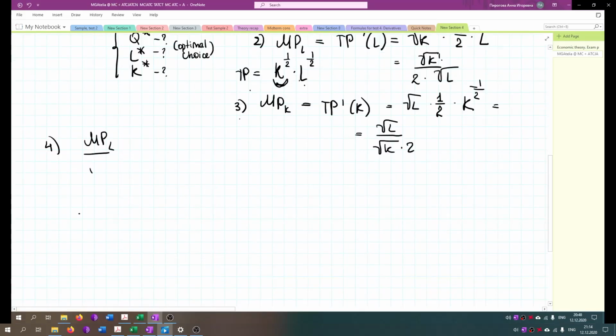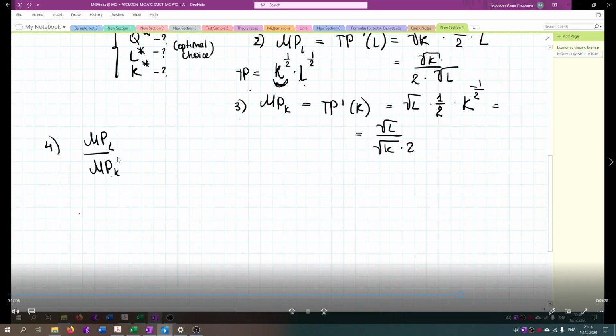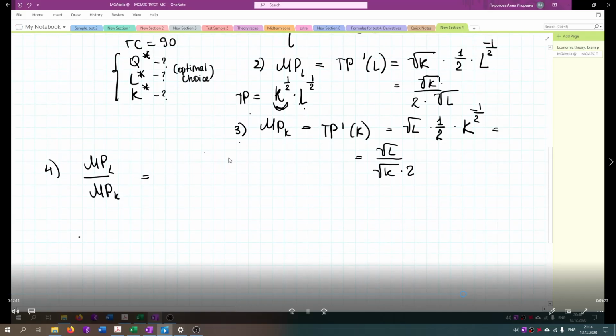Now let's find the ratio between marginal product of labor and marginal product of capital. So square root of K divided by 2 multiplied by square root of L, it is the marginal product of labor. And we divide it by the marginal product of capital, which is in our case square root of L divided by square root of K multiplied by 2.